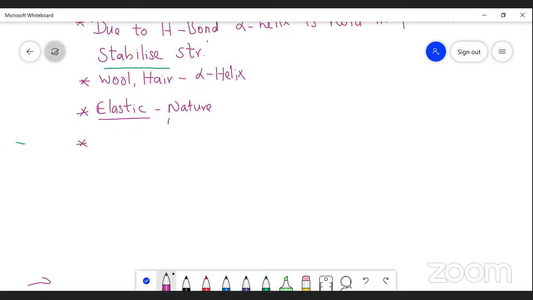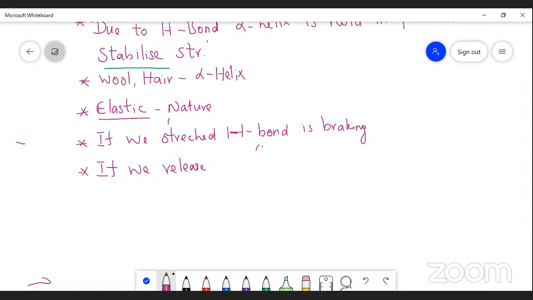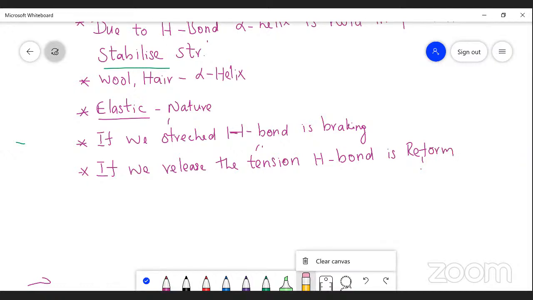So the hydrogen bond alone gives this elastic nature.